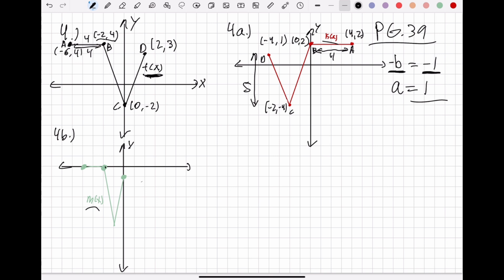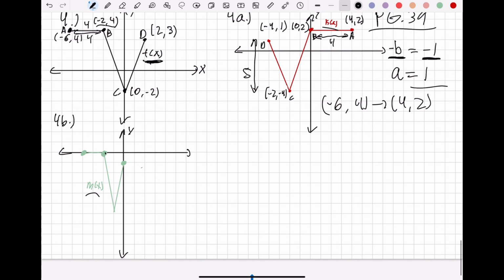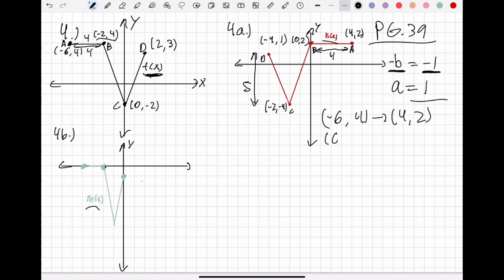This means that we need to figure out what the transformations are to go from our y values and our x values. So if we look at, we'll pick point A. So negative 6, 4 has to somehow turn into 4 and 2. So we know that there's a reflection. So in other words, we now have to go from point 6, 4 to 4, 2.